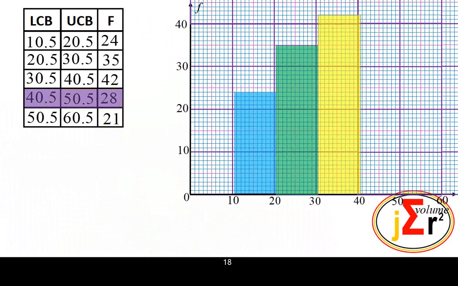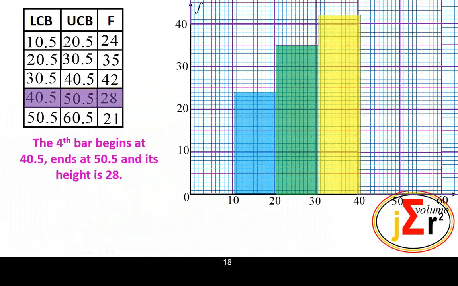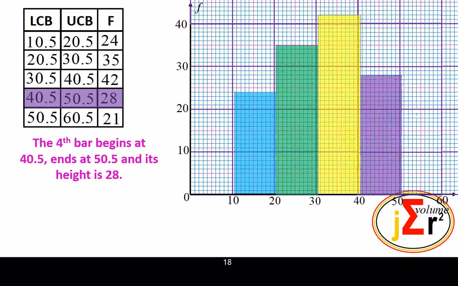The fourth bar begins at 40.5, ends at 50.5, and its height is 28. And of course, we always see the half a unit right there, half of a little square. It is always a half over.